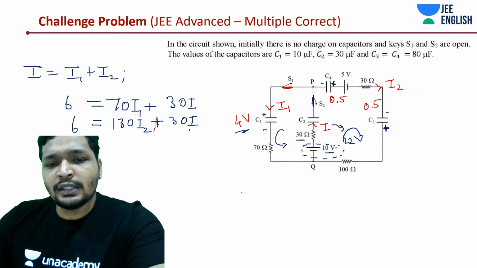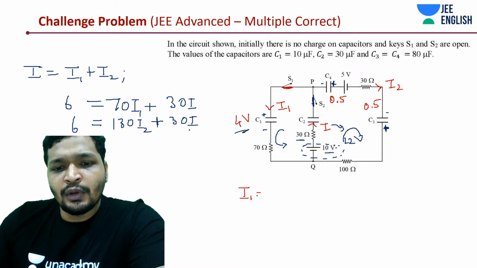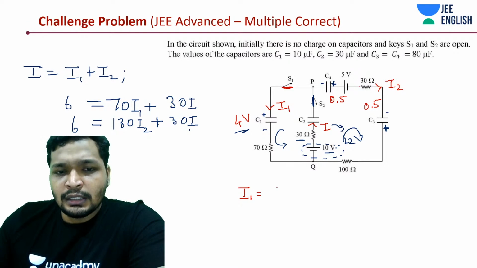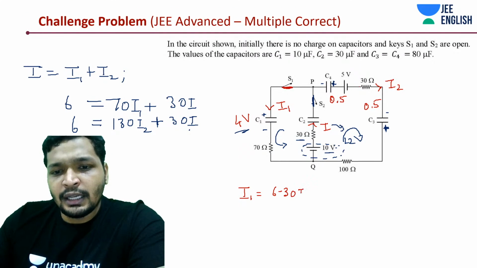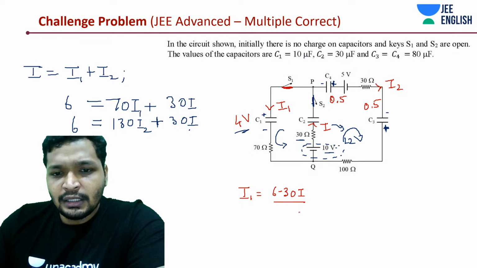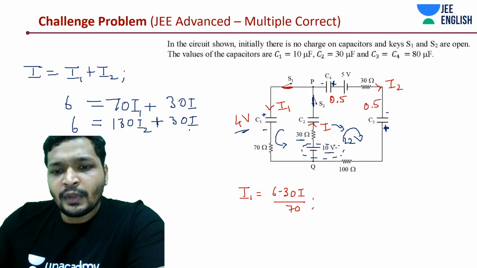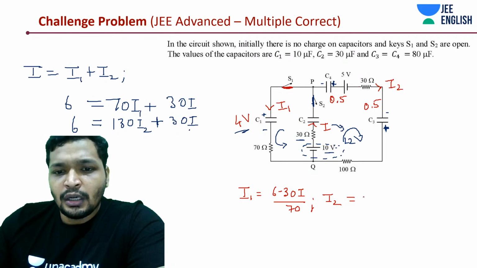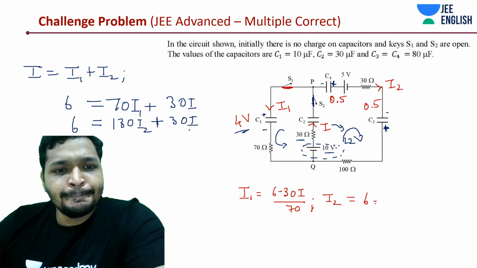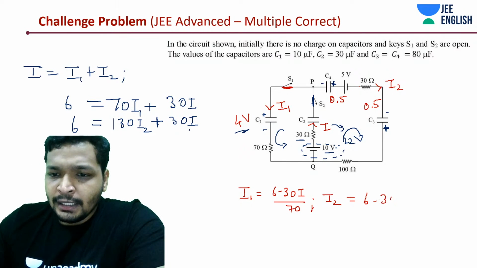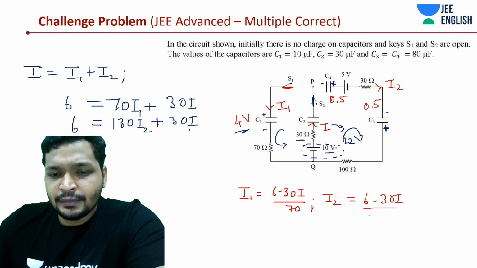Okay, so let's do one thing. I1 is equal to 6 minus 30i divided by 70. And what about I2? I2 is equal to 6 minus 30i divided by 130.